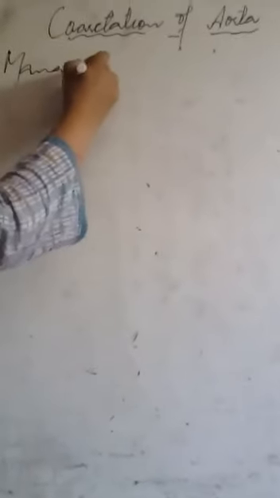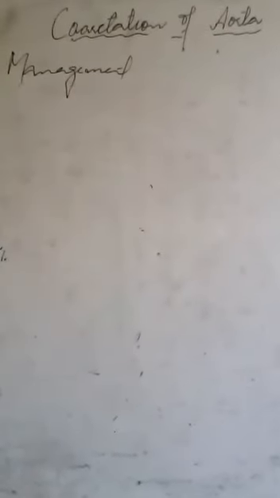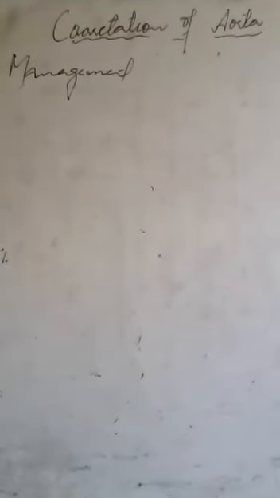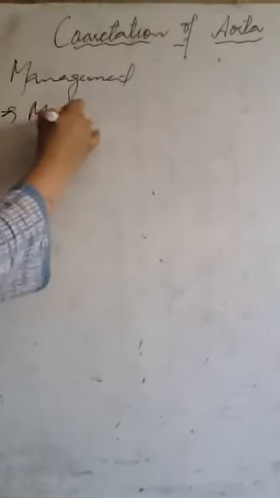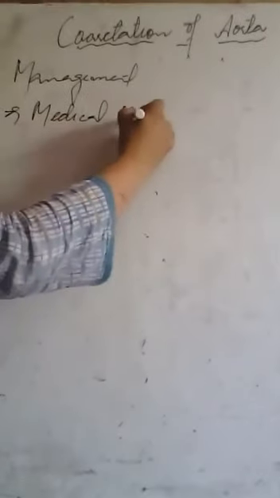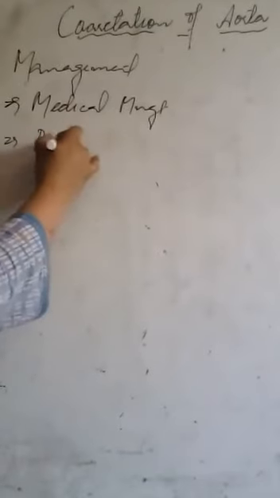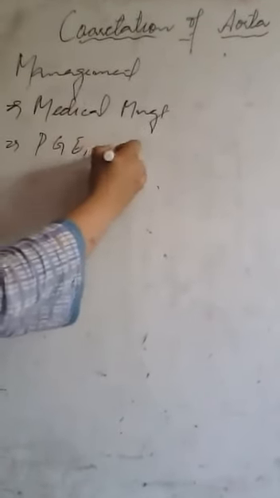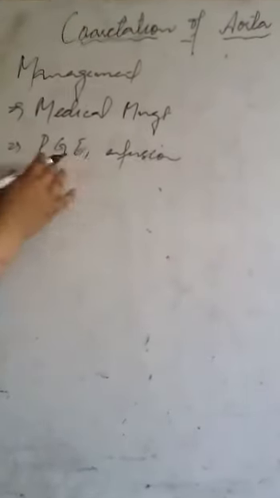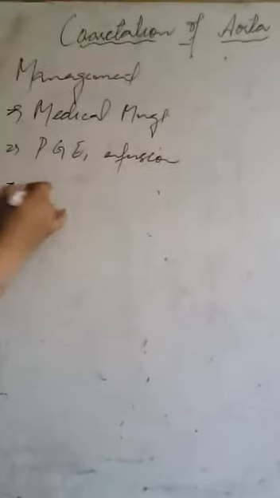After diagnosis, management is started. Management of coarctation of aorta: we do medical management. Medical management is done with prostaglandin E1 infusion, that means given IV.